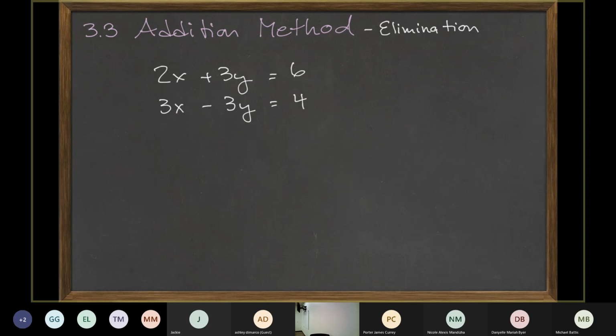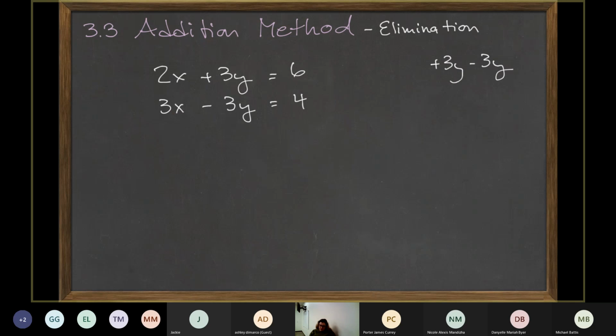The only way you can eliminate a variable is if you have a plus 3y and a minus 3y there. So if the setup of your system of equations has opposite variables that cancel each other out, that's where the adding comes from. So we have to eliminate and then we add.